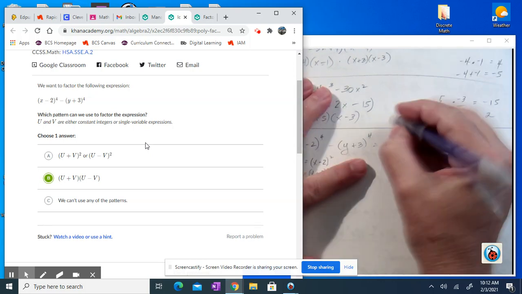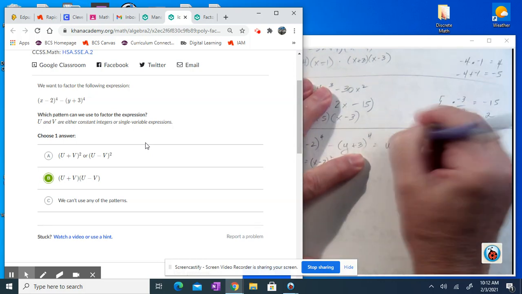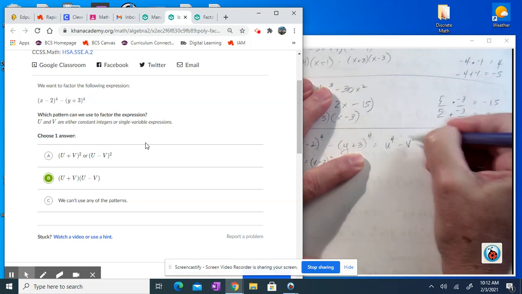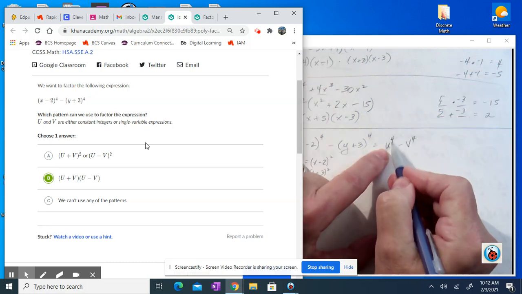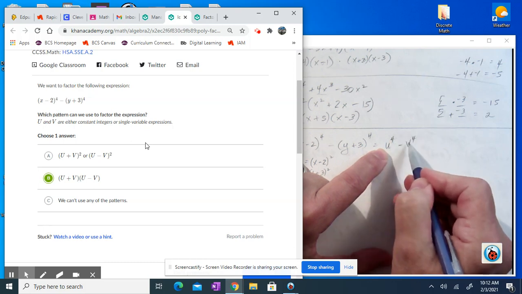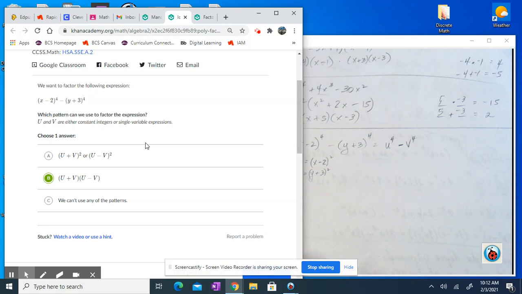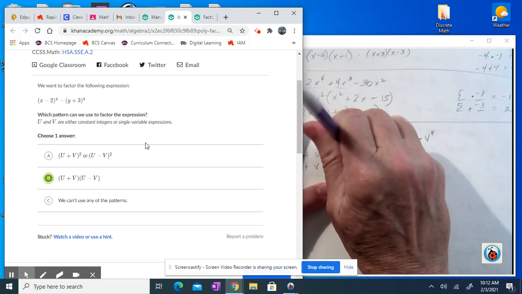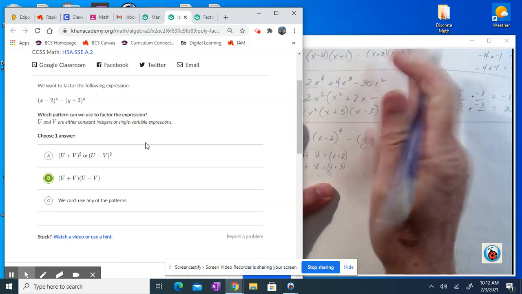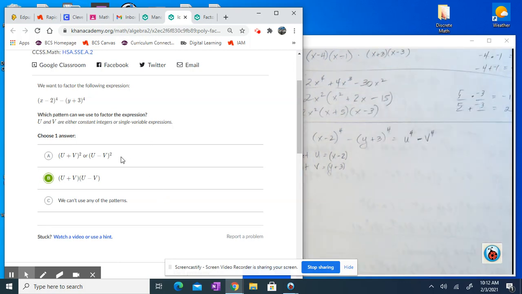Even if I just leave it alone, so let me just leave it the way it was. This is a perfect square, right? The square root of u to the fourth is just u squared, and that's a perfect square, and that's a difference. So that's a difference of squares, right? So I don't even need these. All right, so to me, it seems like this would work.